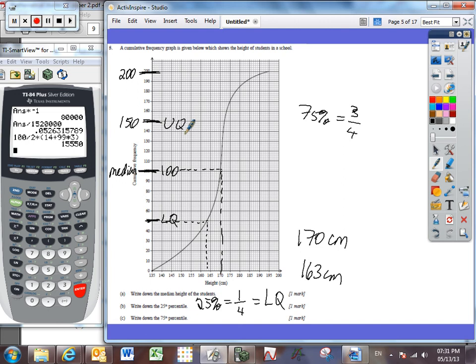It's my upper quartile. Okay? And that maps across, and then I map it down. It looks to happen at about 172 centimeters. Okay, and so those are my 3 heights in part A, B, and C.